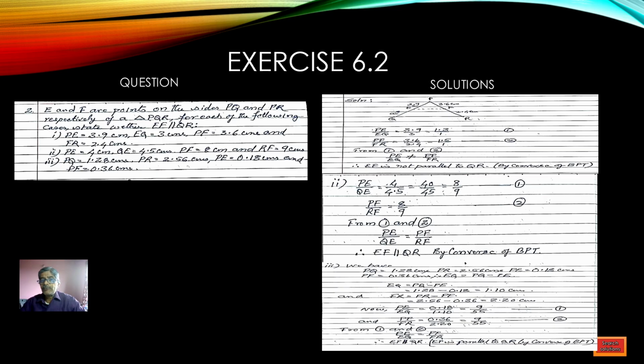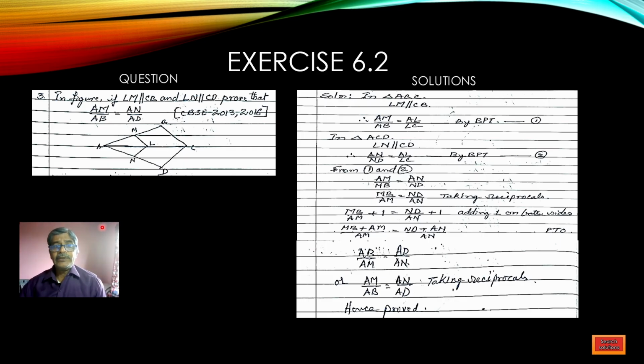So here EF is parallel to QR by the converse of BPT. Similarly, in the third case also, we are finding the ratio of the sides, and finally we find by the basic proportionality theorem that EF is parallel to QR.